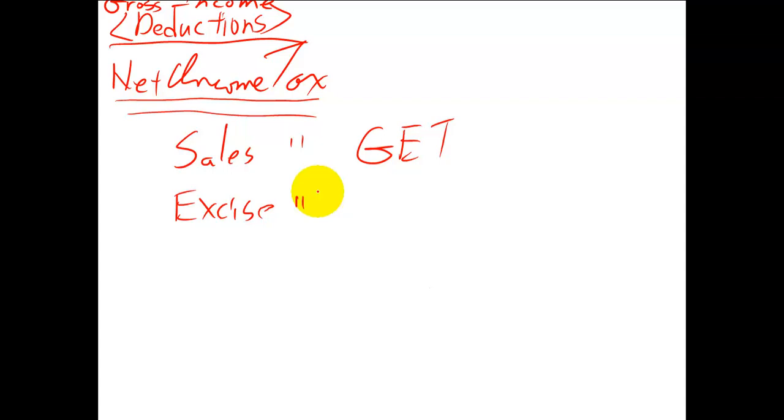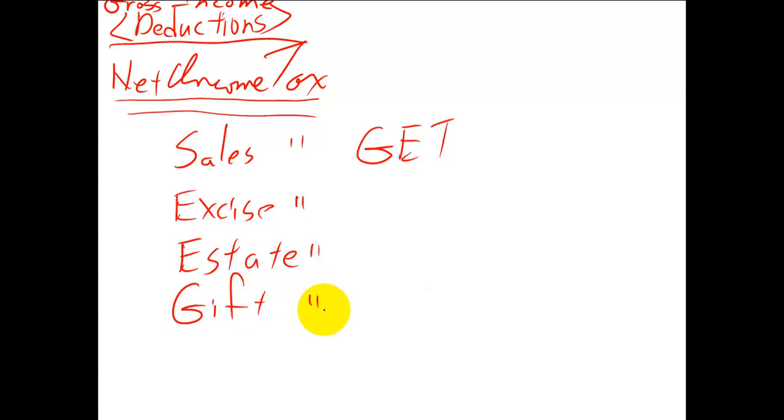Or let's say that you're very wealthy and you pass away. Well, sometimes you hear the term death tax, or the correct term is called estate tax. So let's say you want to get away from paying estate tax and you're so rich, you can give money away when you're living. Well, they catch you there by charging you a gift tax. Yeah, these apply to people with maybe more than $5 million of assets.